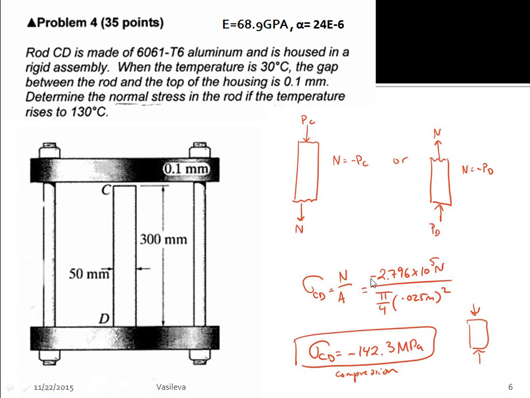So you know that your N is going to be a negative number, so you plug that in here and you get the normal stress in CD equals negative 142.3 megapascals. And this just means that our rod will end up in compression. And that's our final answer. Yeah, for this problem, the biggest issue is definitely the signs.